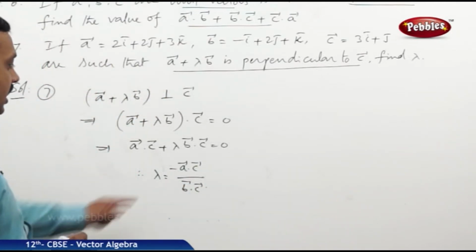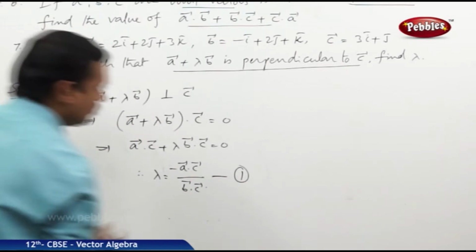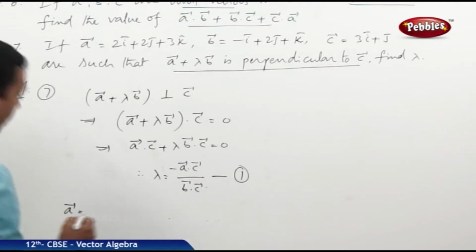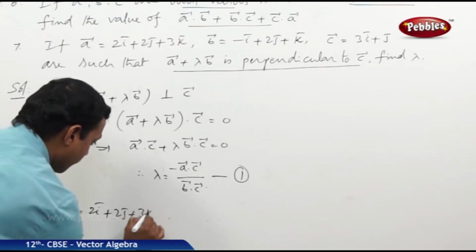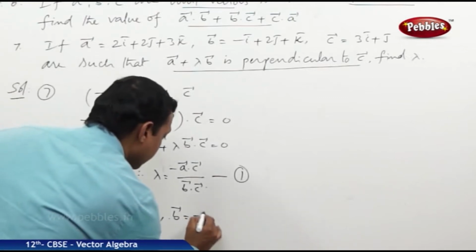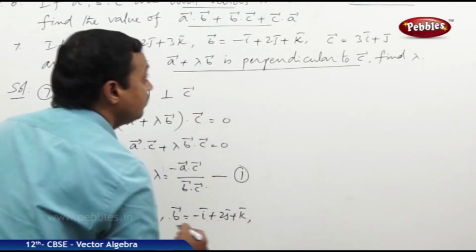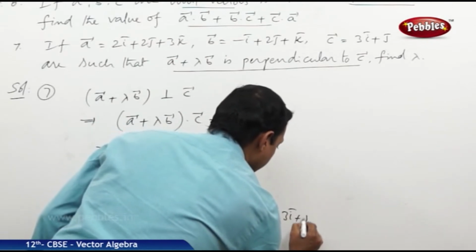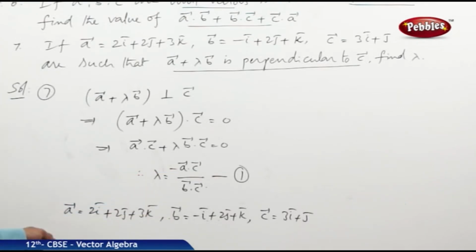Now, let us find the A dot C and B dot C values. Given that A vector is equal to 2i plus 2j plus 3k, B vector is equal to minus i plus 2j plus k, and C vector is equal to 3i plus j. Now, we find A dot C and B dot C separately.